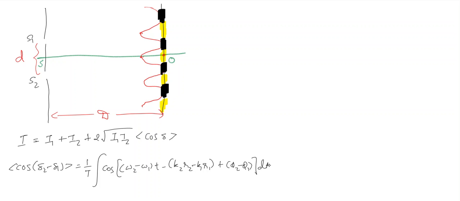Essentially, when you are talking about intensity over a complete cycle, you are integrating the cos term, and the integration of cos over one cycle is 0.